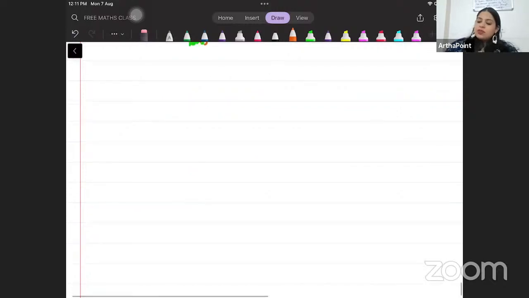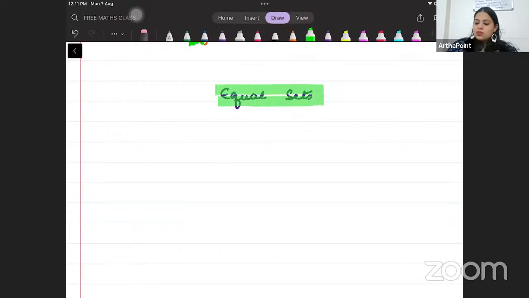Now come to the next topic, beta. So that is called an equal set. So beta, now we want to go ahead and we want to talk about equal sets. Two sets, A and B, are called equal if every element of A is in B and every element of B is in A. So please write down.